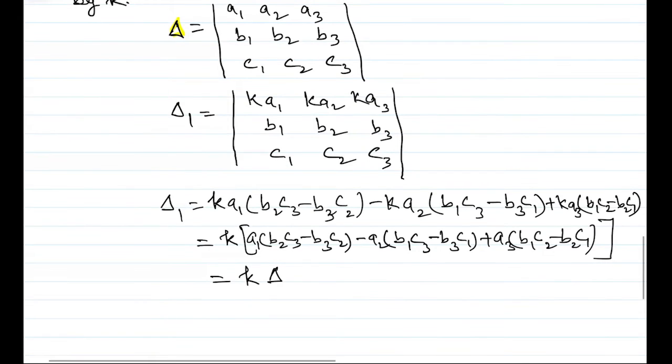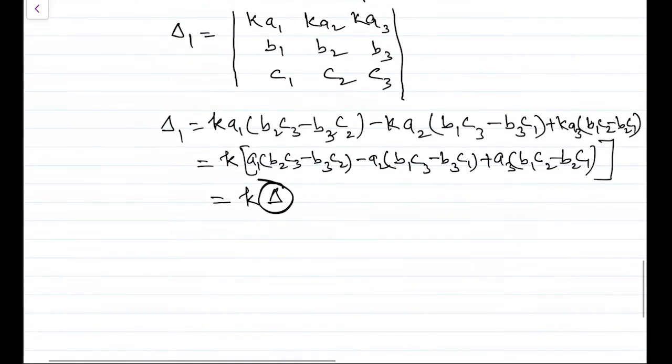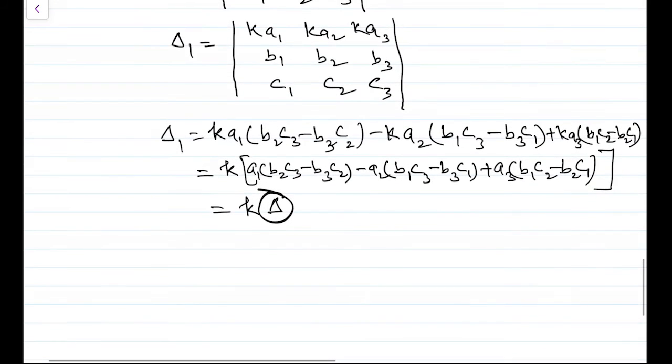If we expand the first determinant along the first row, we'll get the same value. So it means that if you multiply a row or a column by a scalar, then the value of the whole determinant gets multiplied by the same number.